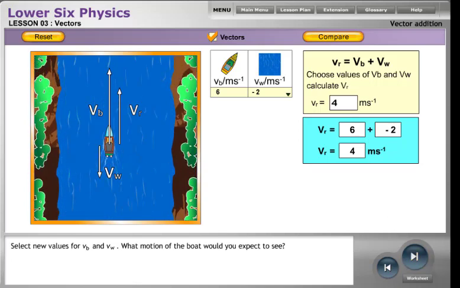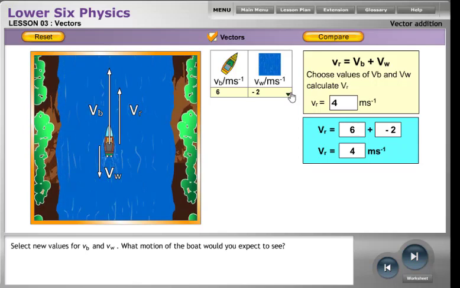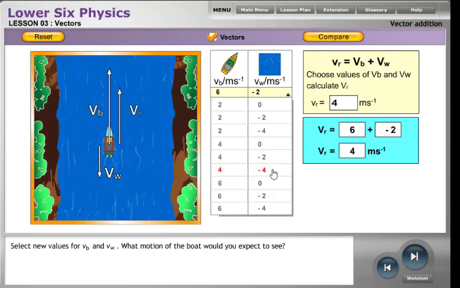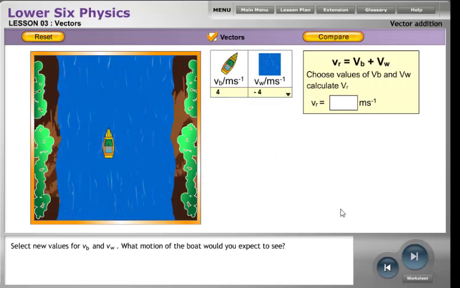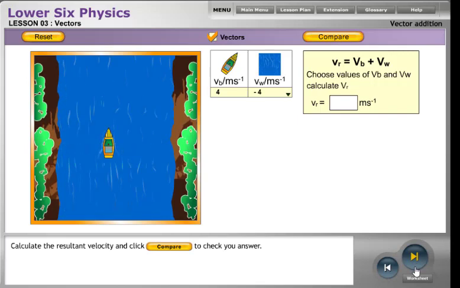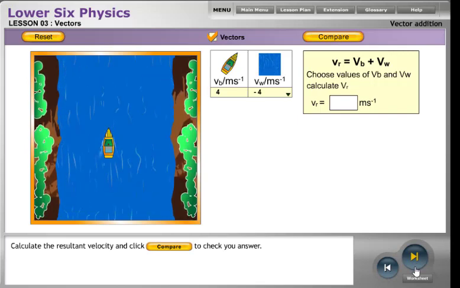Select new values for Vb and Vw. What motion of the boat would you expect to see? Calculate the resultant velocity and click Compare to check your answer.